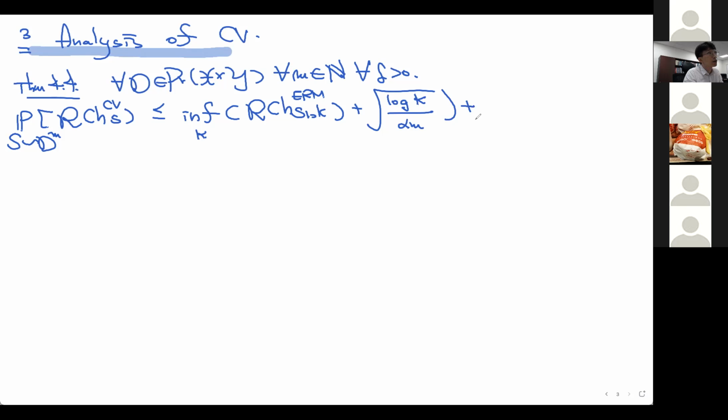So with high probability, the risk of what's returned by cross-validation will be bounded by something that I'm writing on the right-hand side.